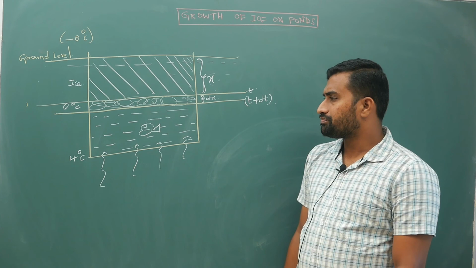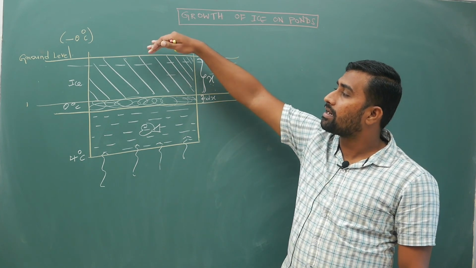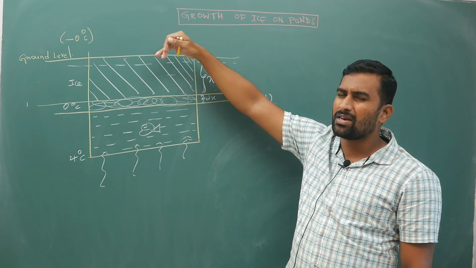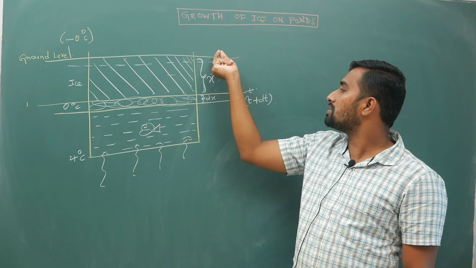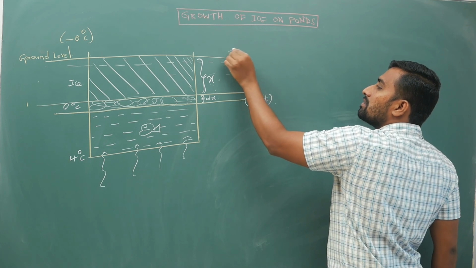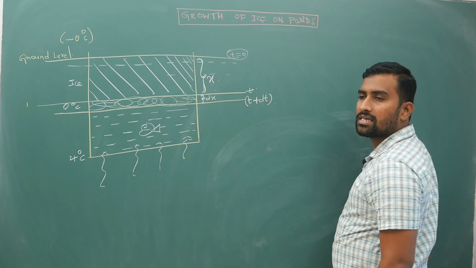So my point is, normally you can assume t equal to 0 here itself. At t equal to 0, no ice is formed at all. At time t, x is the thickness of ice formed.